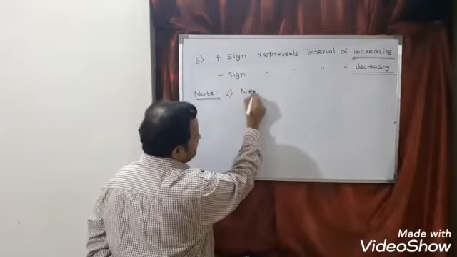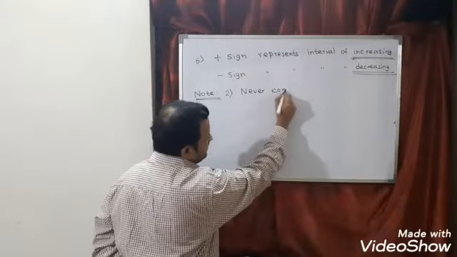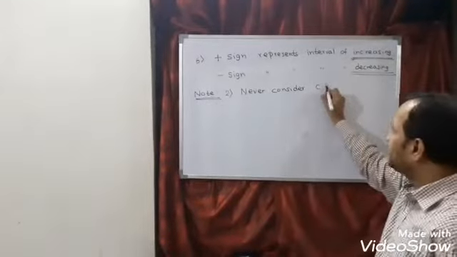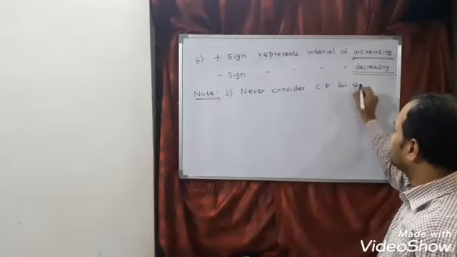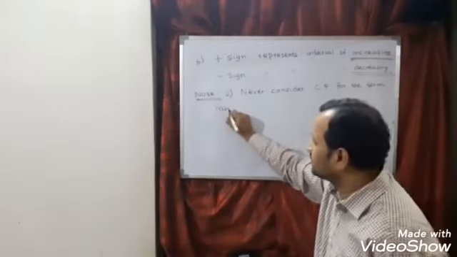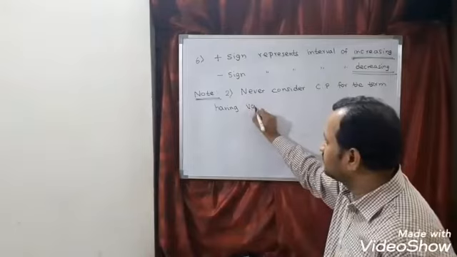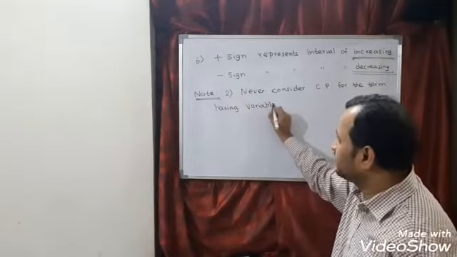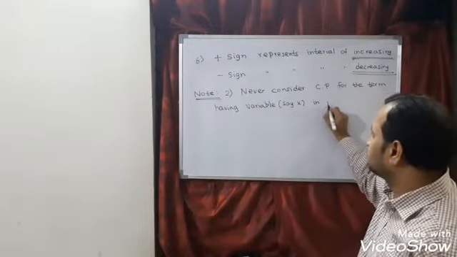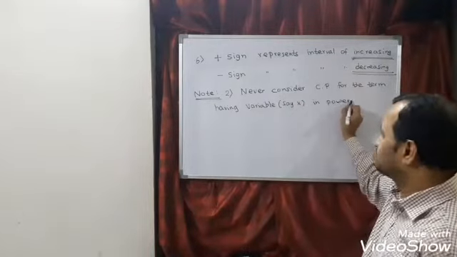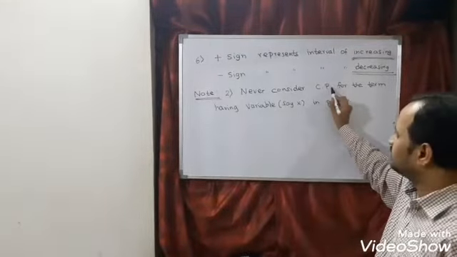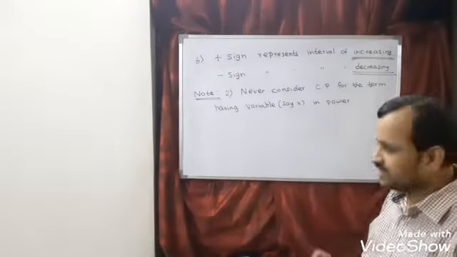Never consider critical point for the term having variable, let us say x in power. So never consider critical point for the term having variable x in power.